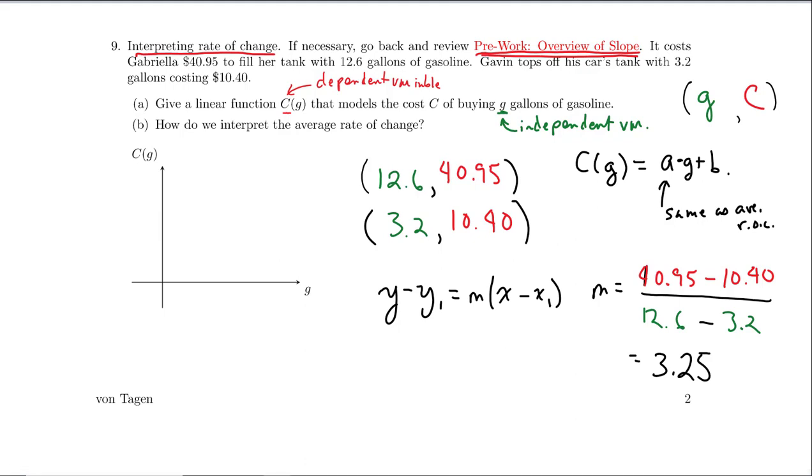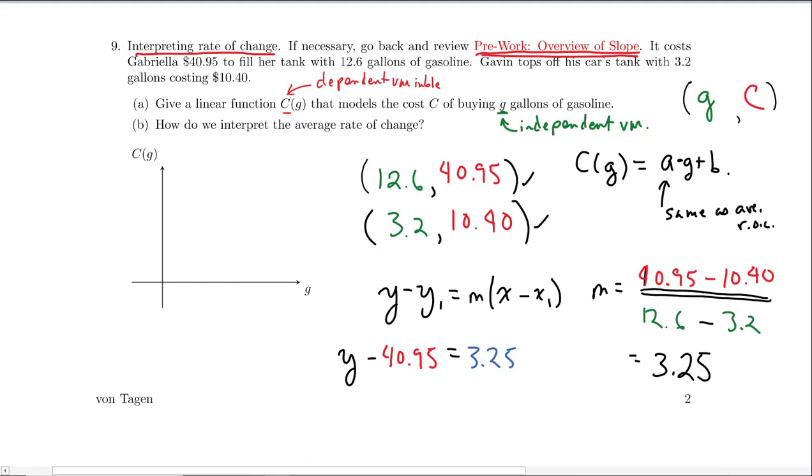If I were to plug this information into my point slope form, what I would end up with is y minus, and then I can pick either of these 2 points for the fixed point that I want to use. It doesn't matter. Even if I set up this slope formula a particular way, it doesn't matter which of these 2 fixed points I pick. So taking the first one, we would have y minus 40.95, the y1 coordinate, and that is equal to the slope, which we just found to be 3.25.